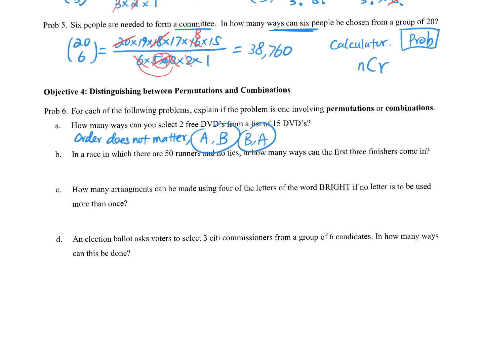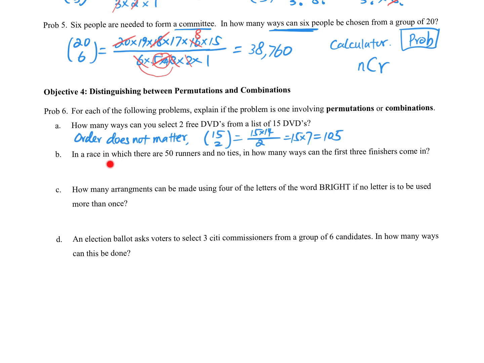They are considered the same, so order doesn't matter. Therefore, it's going to be combination. So we find 15 choose 2, which is 15 times 14 divided by 2, which is 14 times 7, which is 105. Okay.